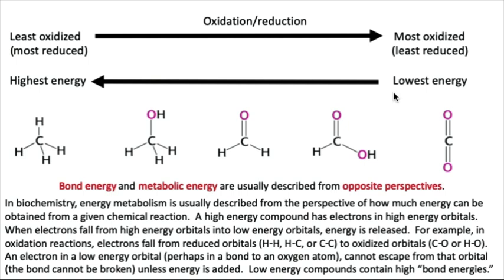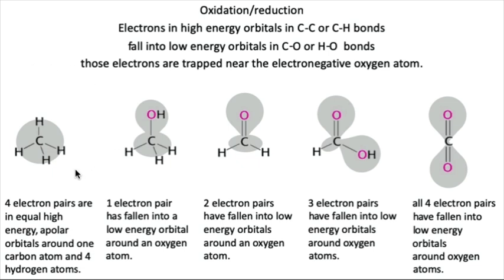And now I want to also look at this in terms of the atomic orbitals. So for example, in methane, the carbon and hydrogen are equally electropositive. They don't care much about electrons, so they're pretty much in covalent bonds evenly resonating around.